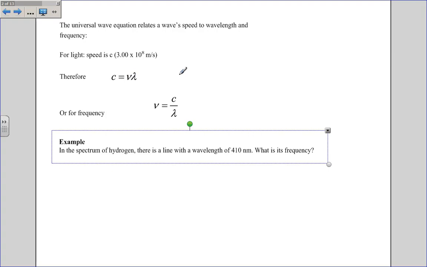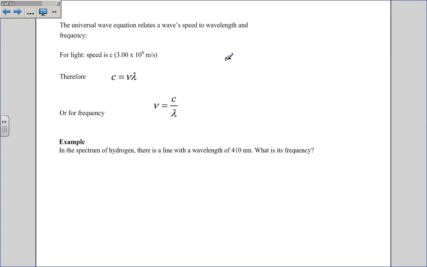We can understand that a little bit further if we think about the fact that speed is the measure of distance over time. If we take the frequency of that light, the units are going to be the number of cycles per second.